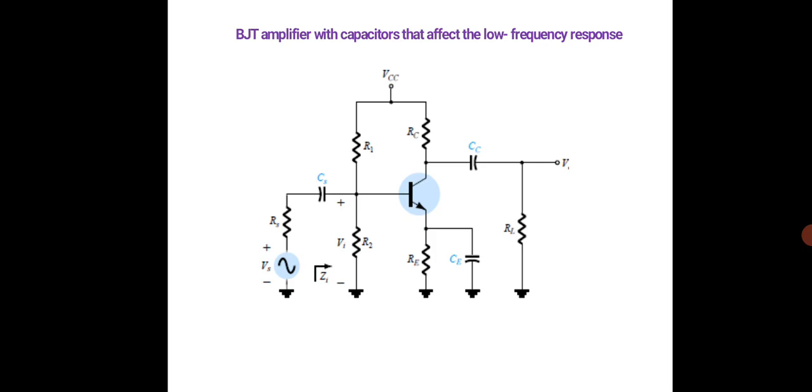This is with the capacitors: with respect to the collector CC, with respect to the emitter CE, and with respect to the source, which is your CS. These will affect the low frequency response. All the capacitors connected will affect the low frequency response.